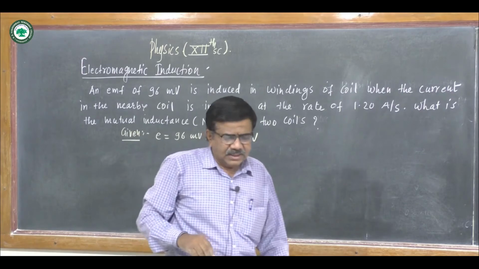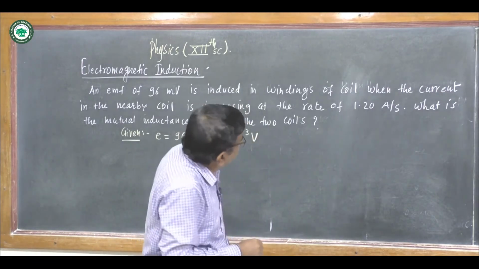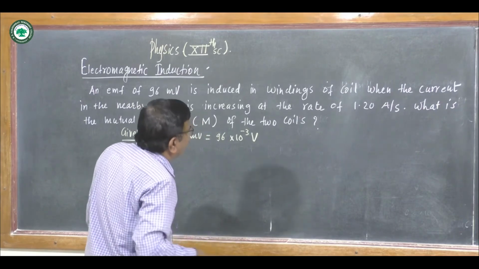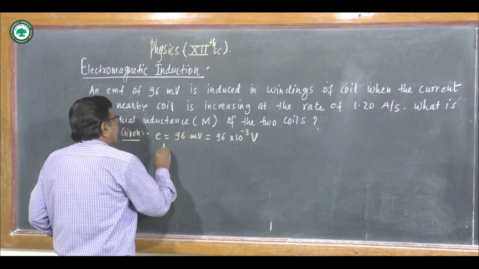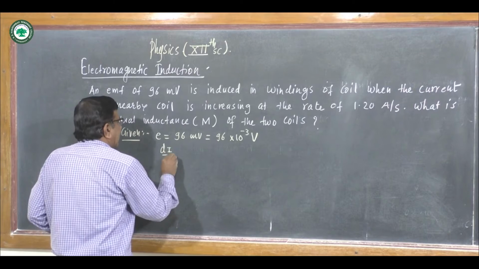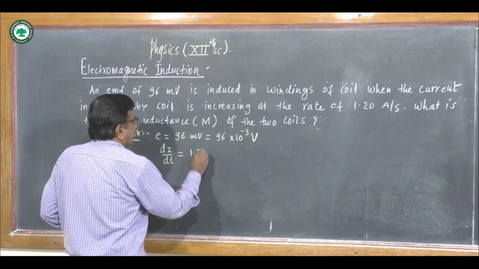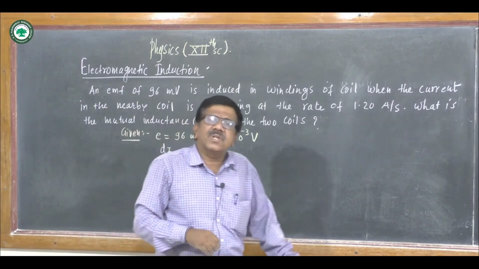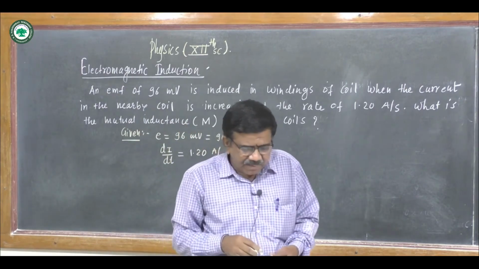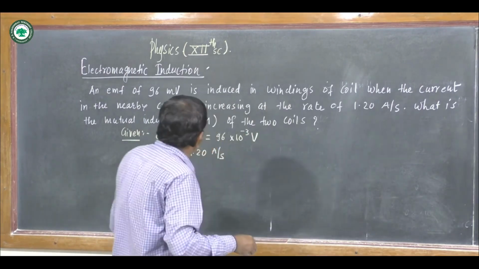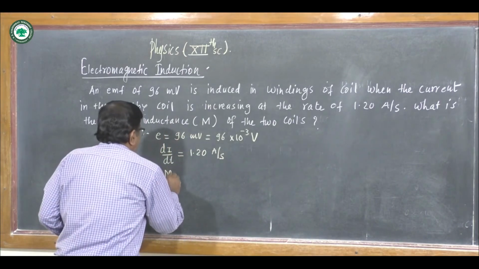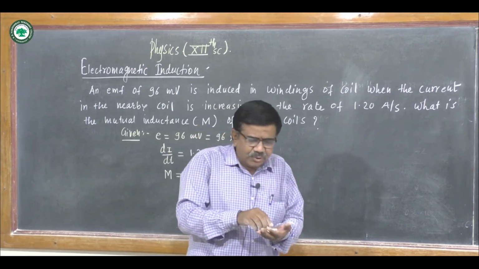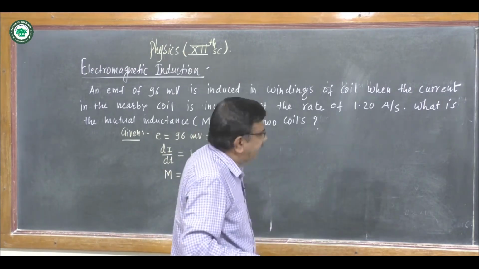The rate of change of current, di upon dt, is 1.20 ampere per second, and we have to find the mutual inductance between the coils. Very simple formula. Mutual inductance is E upon di upon dt.